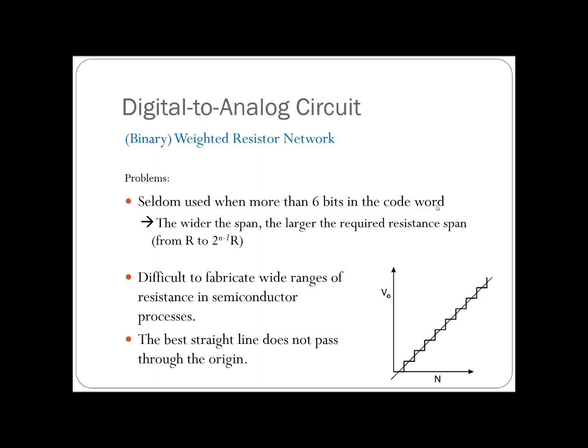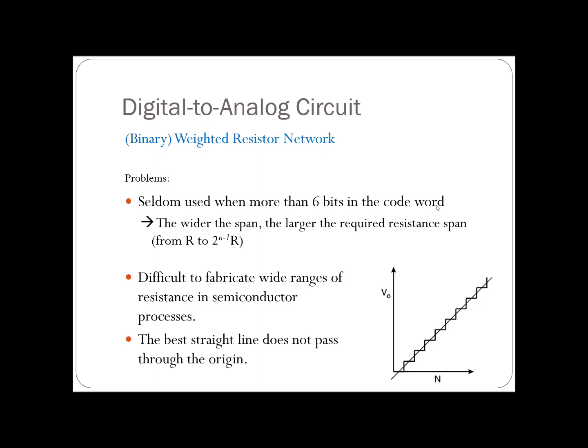The resistors with a resistance of R, 2R, 4R, and 8R. If you have, let's say, the 16-bit case, then you need to have R, 2R, 4R, 8R, 16R, 32R, and so on and so forth until you have 16 resistors.